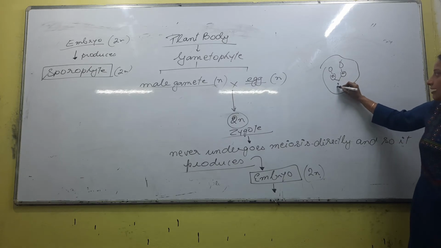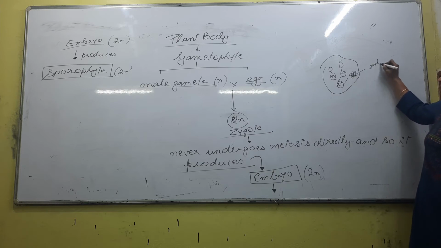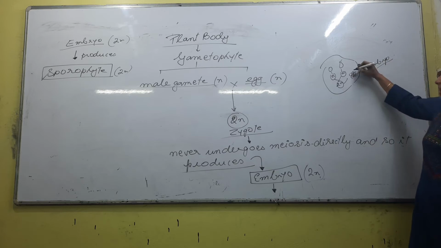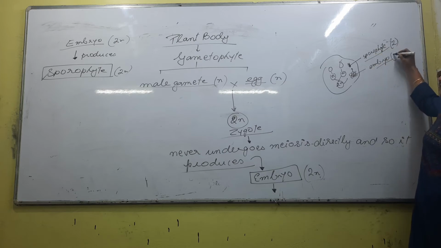What does it form? Zygote. A collection of cells. The embryo forms a plant, and what do we call that plant? Sporophyte, with ploidy twice n.